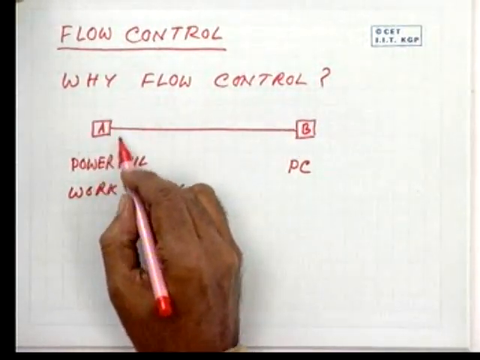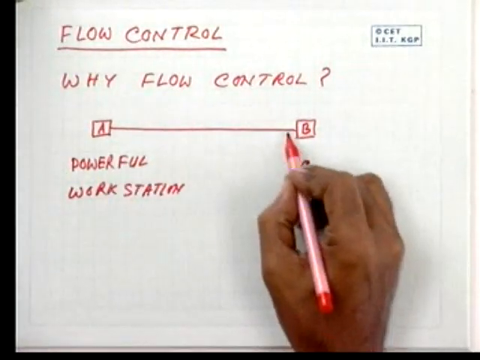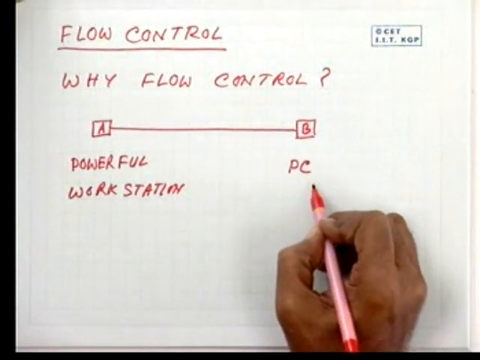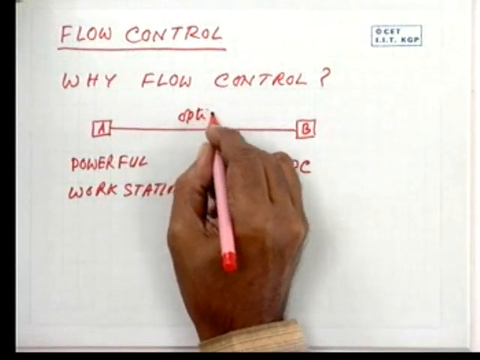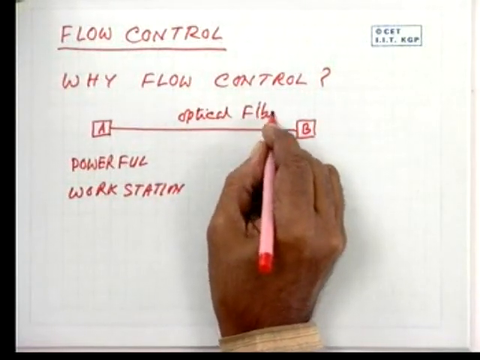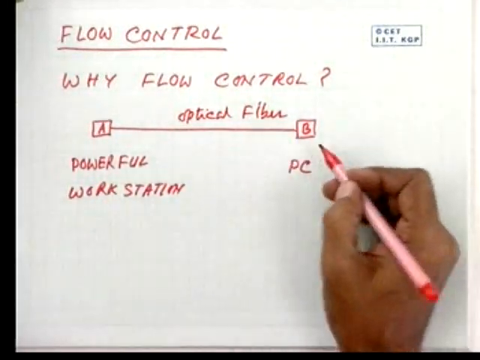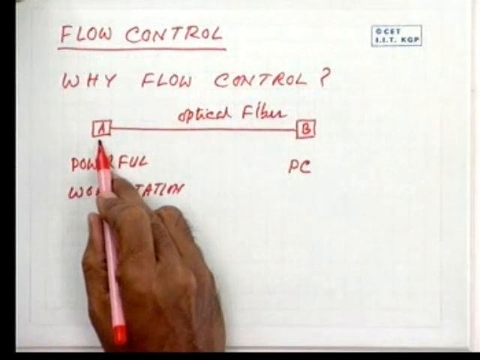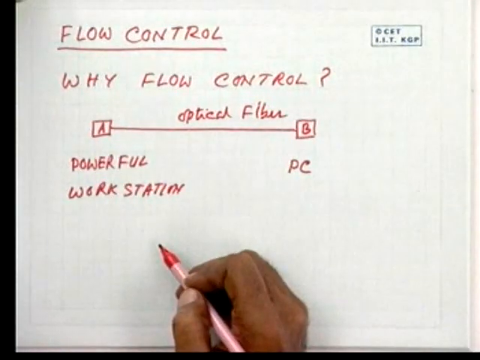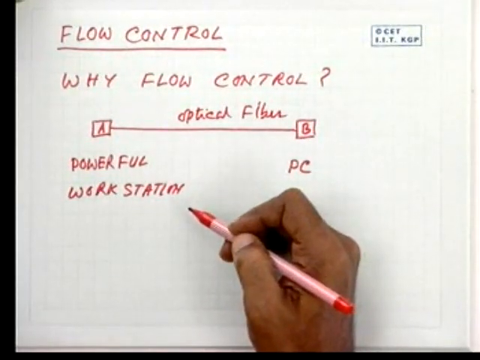Now, the rate at which data can be generated by the workstation is much more than what can be received by the PC. The link can be very fast, say it is optical fiber. But the rate at which the data can be received and processed in station B is less than A. Now, A can send at a very fast rate. On the other hand, B cannot receive at that rate. So, what will happen?